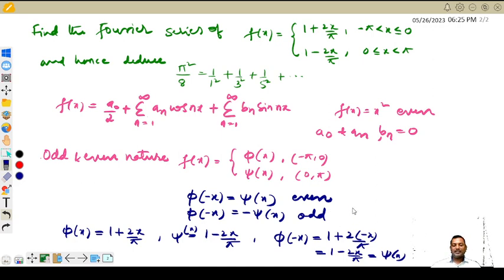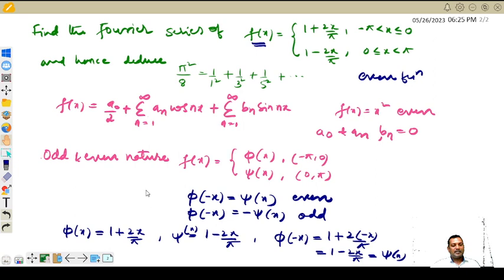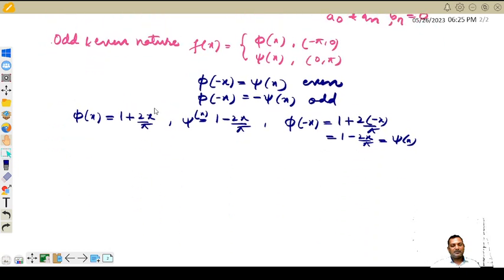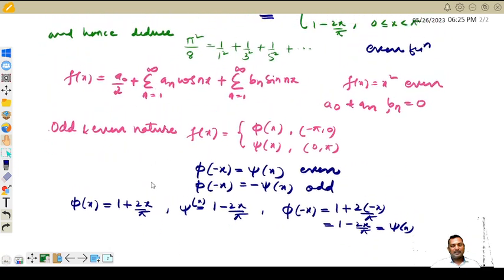So we conclude that the function f of x is an even function. If the function f of x is an even function, it is required to find out only a naught and a n, then b n value becomes 0.